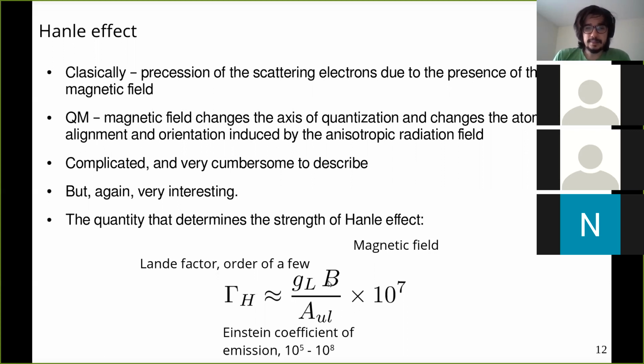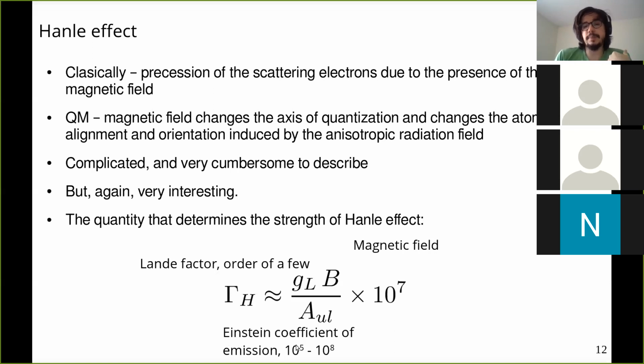We have the magnetic field, we have the Einstein coefficient of emission, and we have this constant, which is roughly of the order of 10 to the 7. And what you see here is that the Hanle effect influences more the lines that have a low Einstein coefficient of emission.